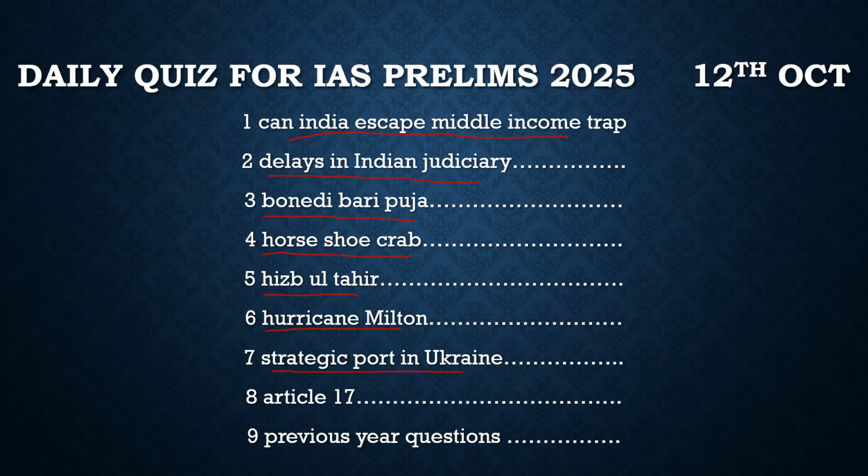One important thing is that this Odessa port was part of the Black Sea Grain Initiative, an agreement signed between Russia and Ukraine and mediated by Turkey, that Russia would not attack these strategic ports in Ukraine, as they are very important for food security. But Russia recently broke away from this initiative and attacked this strategic port, Odessa. We need to know where it is located.